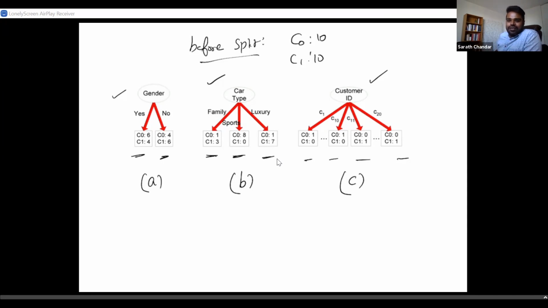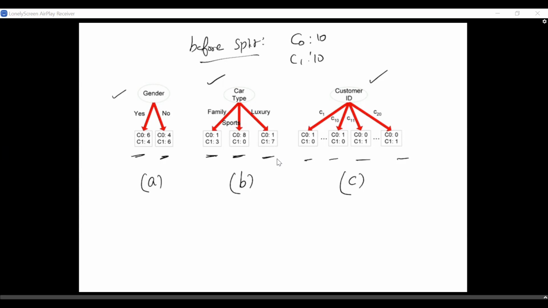Okay, Abdul, can you unmute? I didn't choose C, but I guess what's good about customer ID is that the decision seems easy because you always have 1 0.